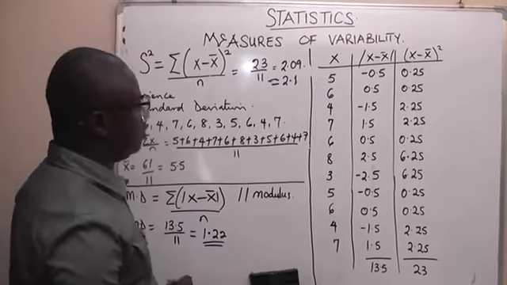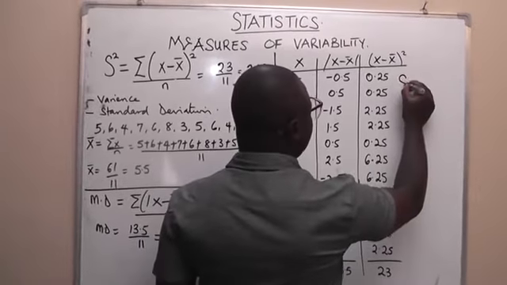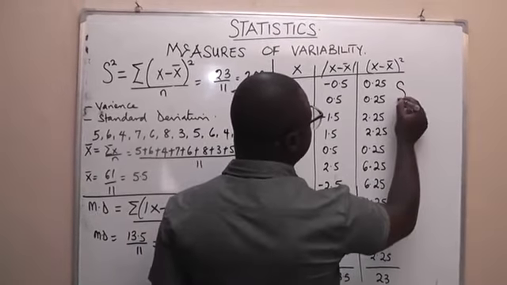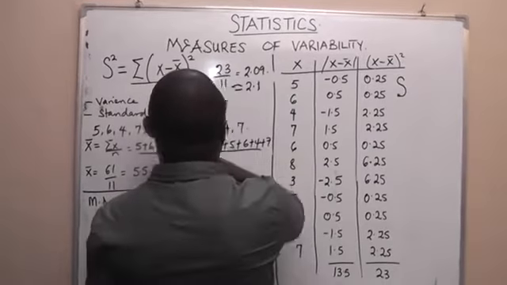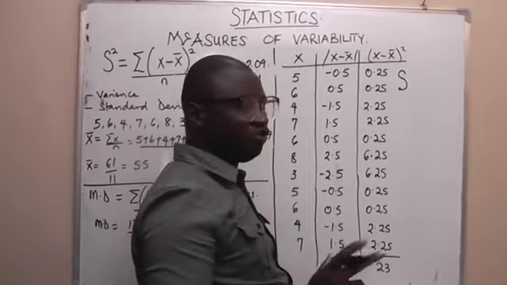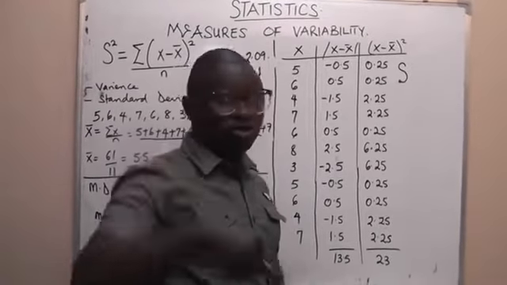Now let's calculate standard deviation. Let me use this side. For standard deviation, I can just use S to denote it, because the formulas for variance and standard deviation are actually related. The difference is that in standard deviation we have a square root.